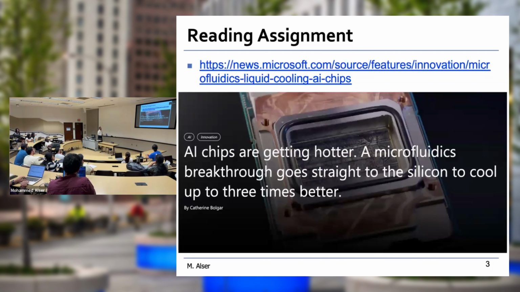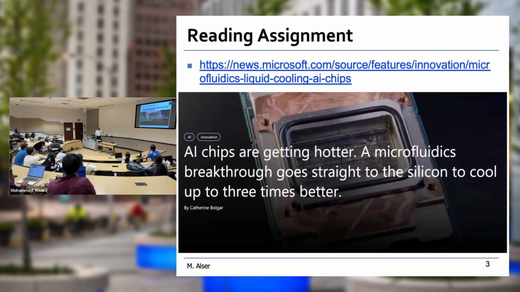This is something new. It's been in the news, I think, today or yesterday. So I would like all of you to check it out. Go through the link and check what is fundamentally different with the cooling system. So we talk about the architecture with the compute units. We talk about the memory. We talk about the storage. Now, this is something totally new on how you can cool down the silicon itself, the processor, much faster than before.